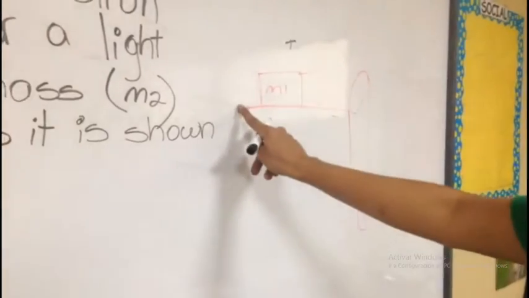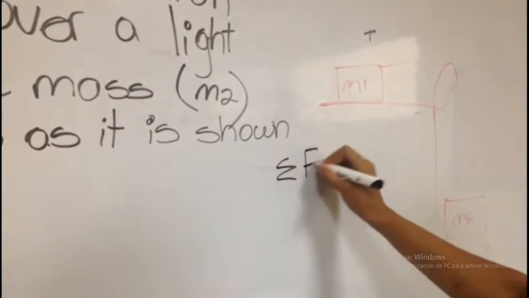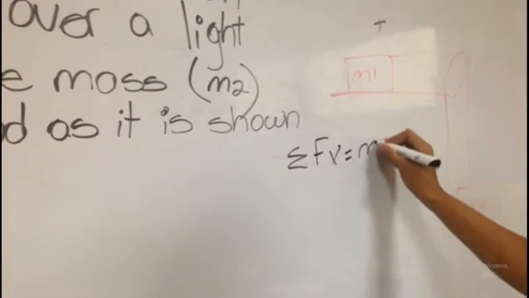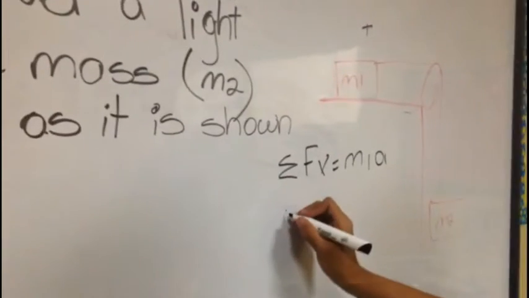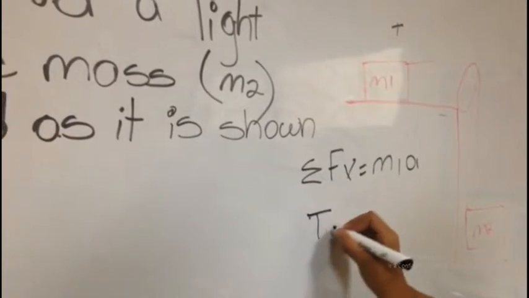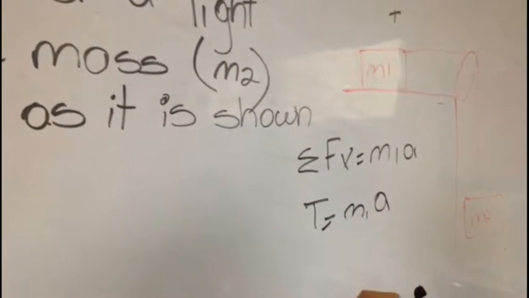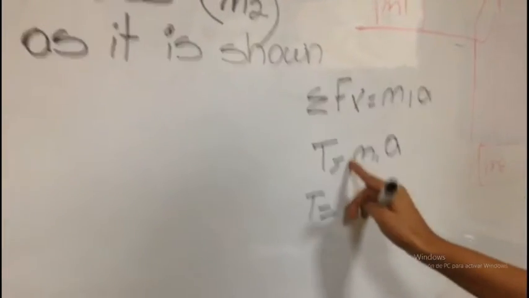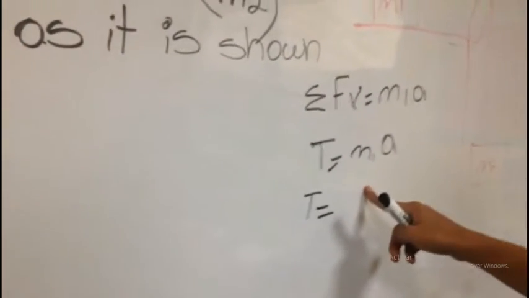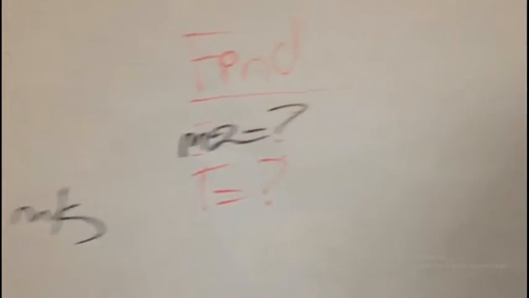And we need to use this formula, that is all the forces in X equal mass 1 times acceleration. So we are finding tension, that is equal to mass 1 times acceleration. And we plug in the given values in this part of the equation.